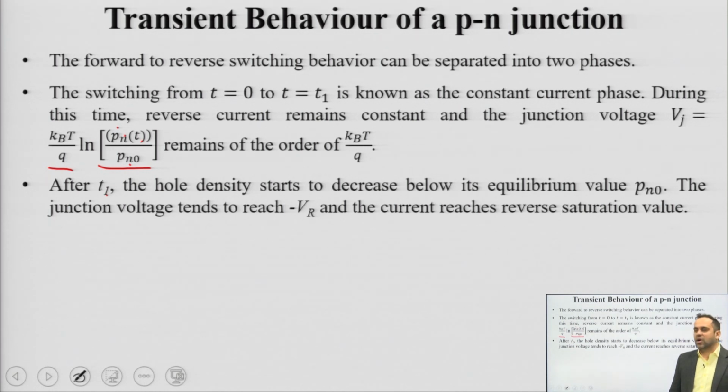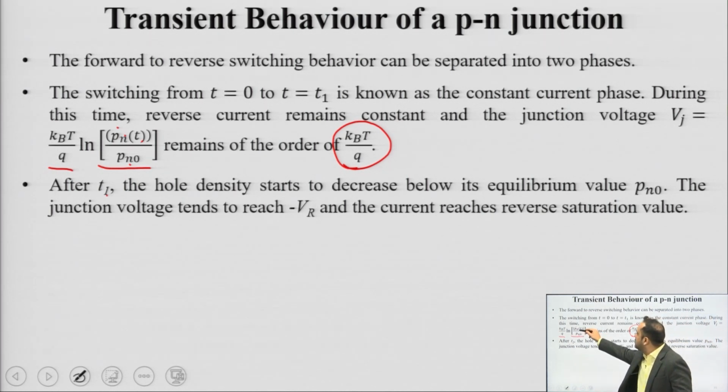It remains of the order of kT by q only, because this ratio is very close to 1 initially. So the natural log is a very small number, and you get a junction voltage of the order of kT by q only.